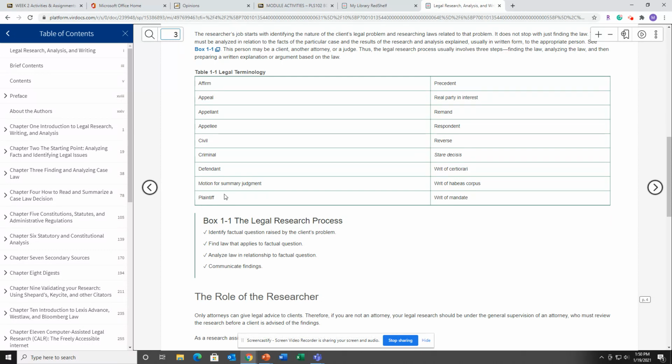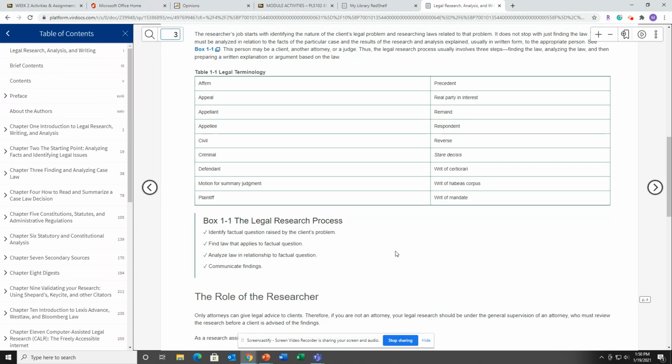Okay, the difference between a plaintiff and a defendant, difference between criminal cases and civil cases. The appellant is someone who is filing an appeal. The appellee is the person against whom they're filing that appeal. What is an appeal? What is precedent, remand? So those are just some legal terms that maybe you want to play with again on your own time.